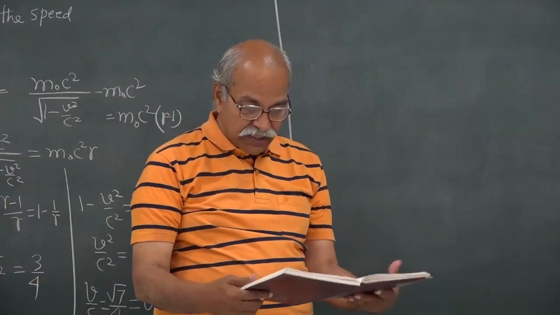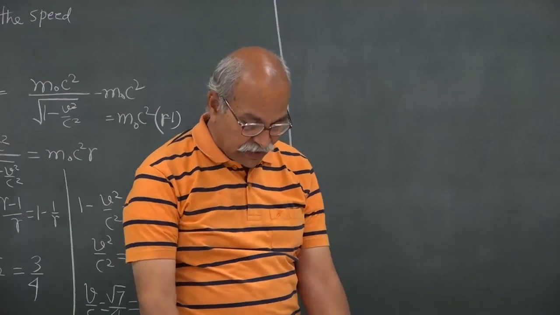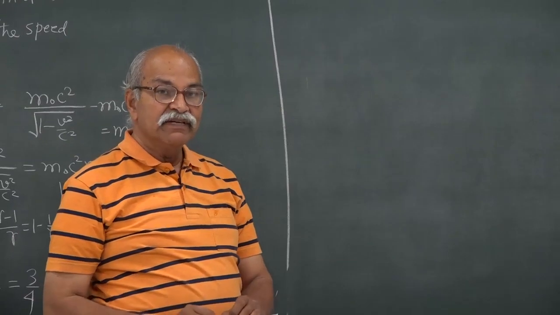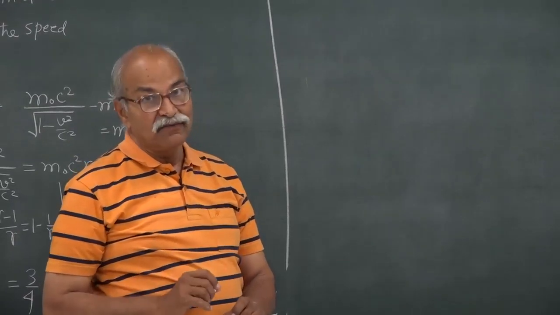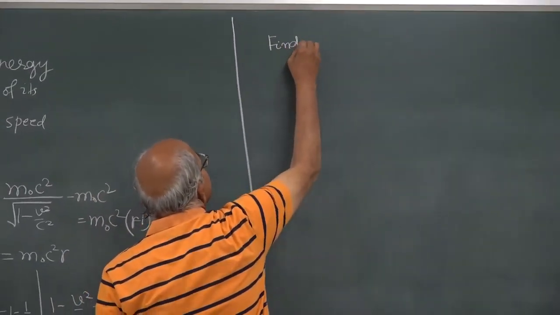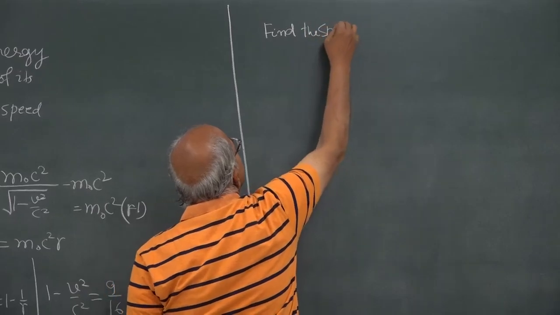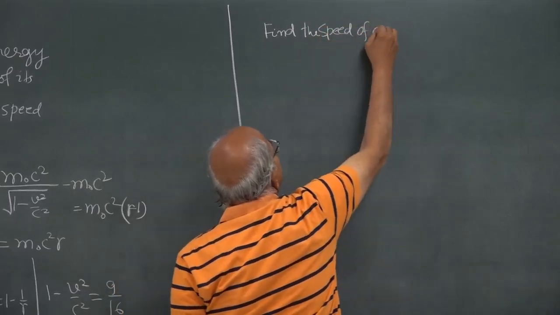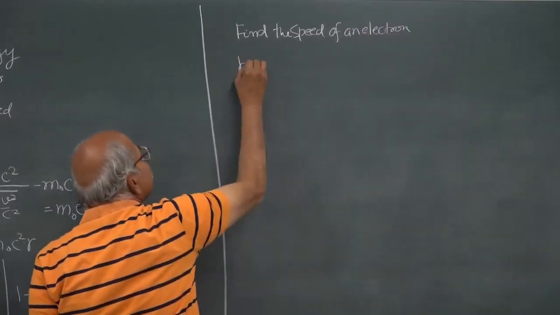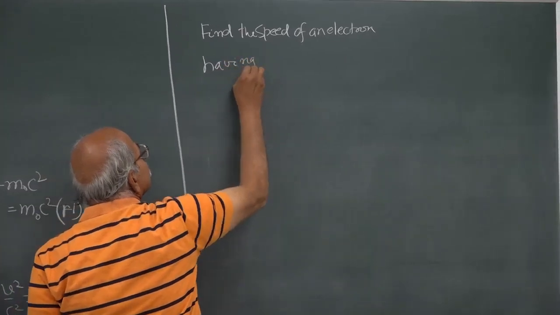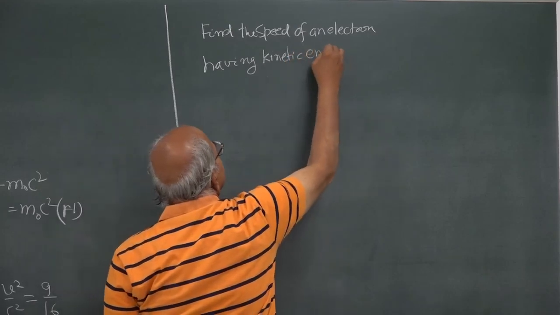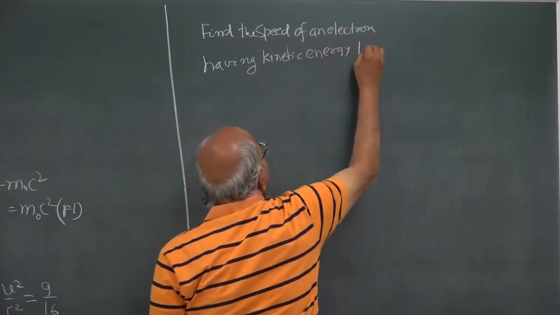So, our next question is very similar to the previous one. Again we have to find the speed of the electron and this time the kinetic energy given is 1 mega electron volt. So, the question is find the speed of an electron having kinetic energy 1 MeV.